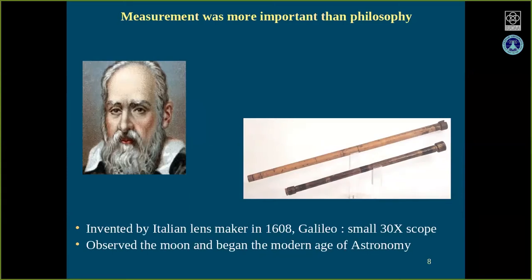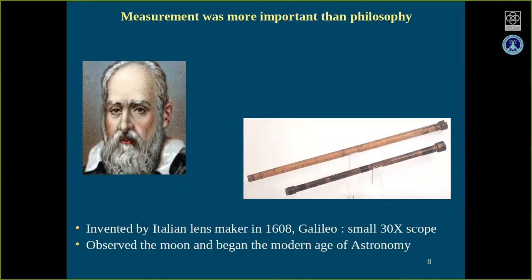But in 1857 Fraunhofer took the spectrum of the sun and other stars, and after subsequent analysis of that spectrum by Kirchhoff and Bunsen, they came to know that at least the outer layer of our sun is made of gases which are available on our earth. So now you understand, at that time measurements were more important than philosophy.